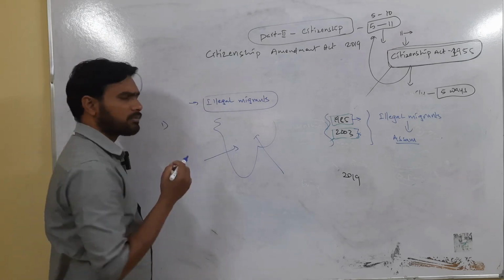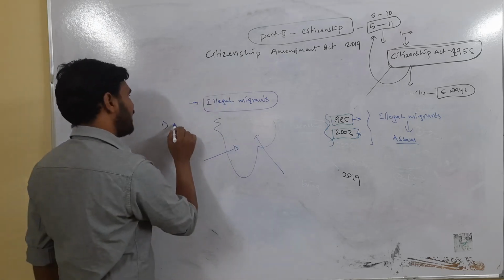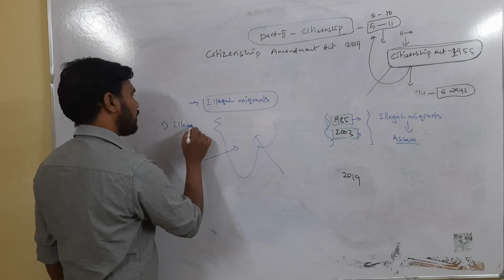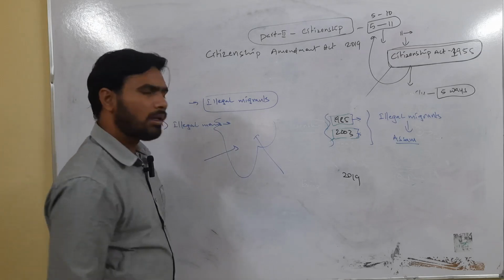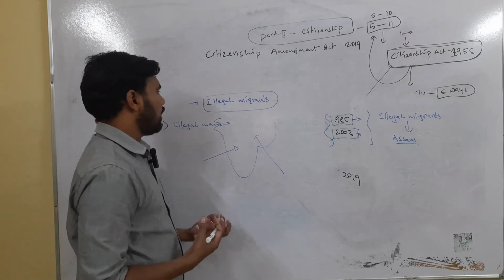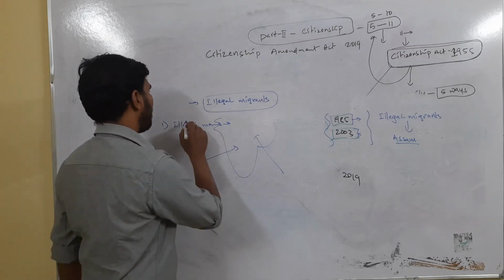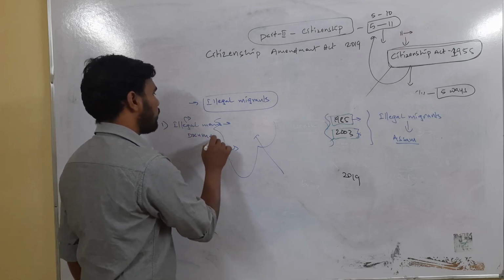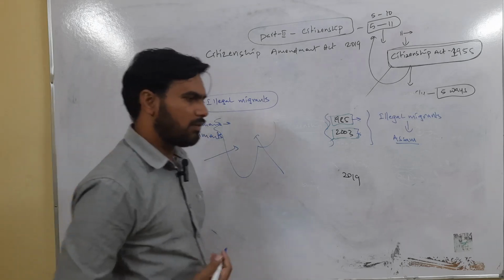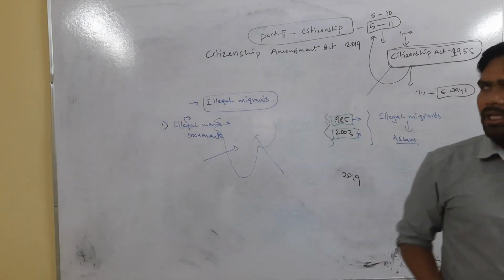One is that they have used illegal means to come to India, means without having any proper documents. What are the documents required for a person of any country to go into another country?